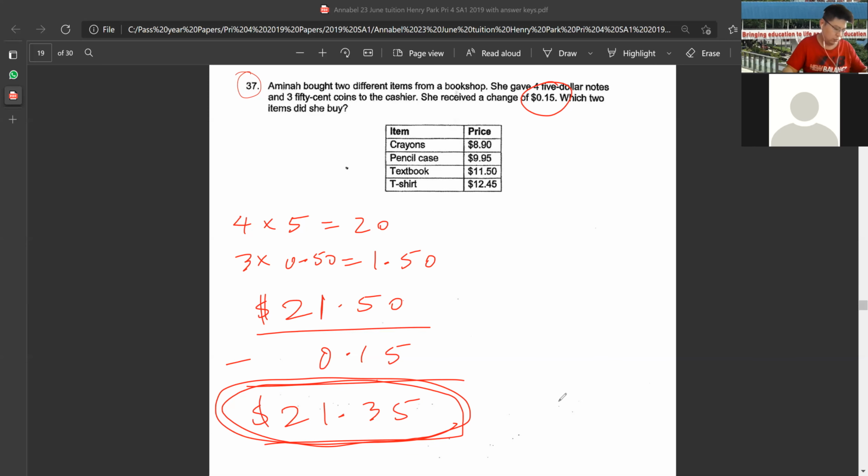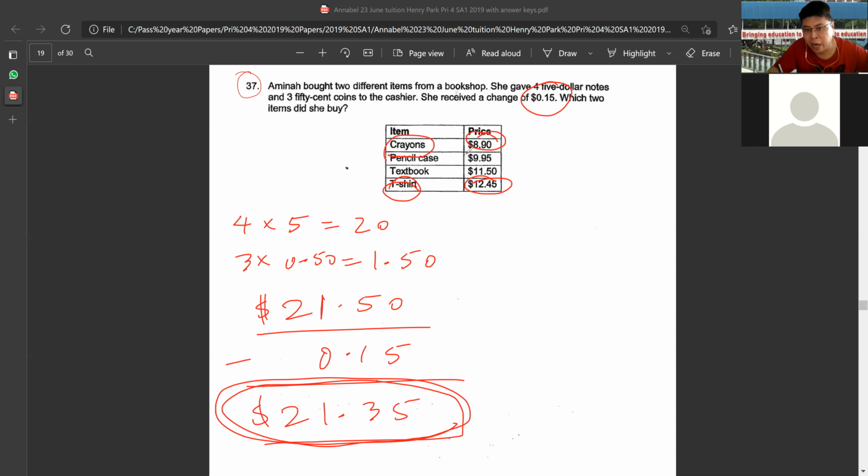So 890 and 1245, she bought crayons and a T-shirt. You keep adding whichever 2 you choose, until they add together to give you this.